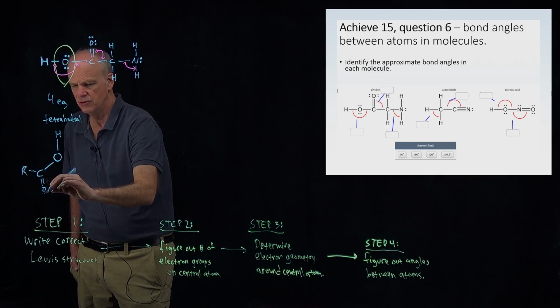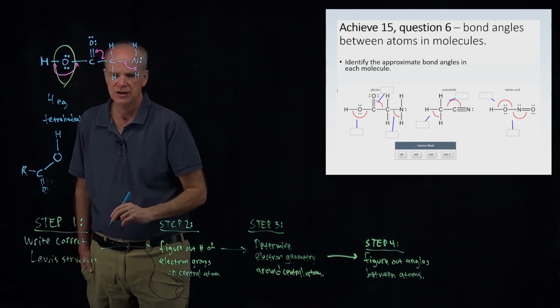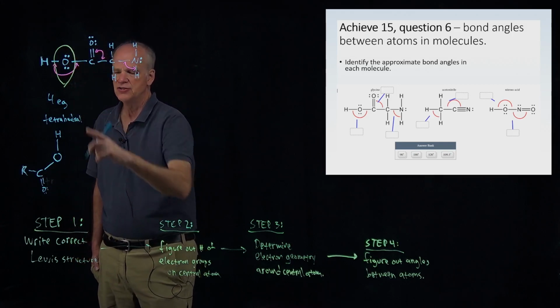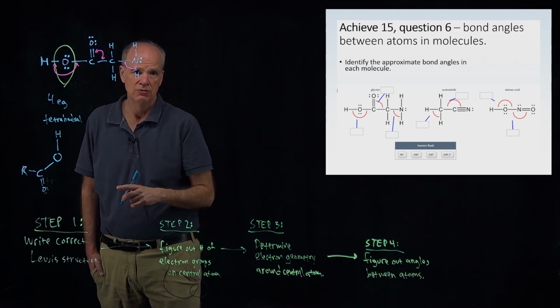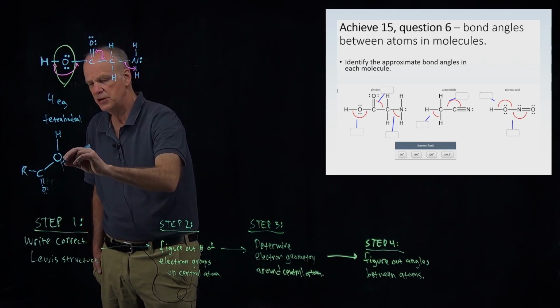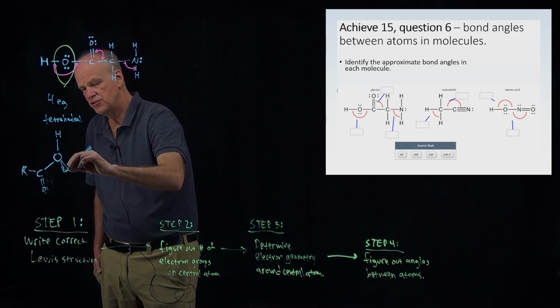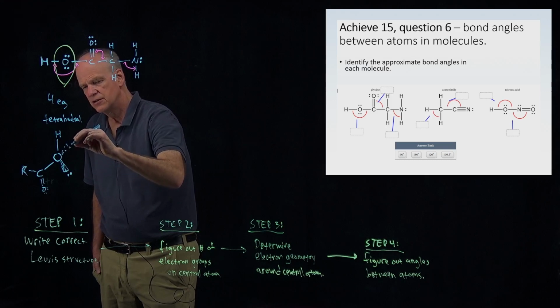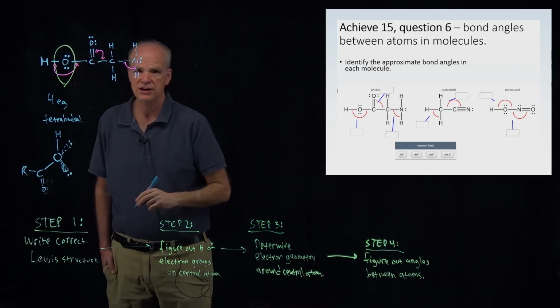Let me put in lone pairs around that oxygen. This oxygen has lone pairs. Let's imagine what it might look like. Here you might have a lone pair heading out toward you, and here you might have a lone pair going into the screen.